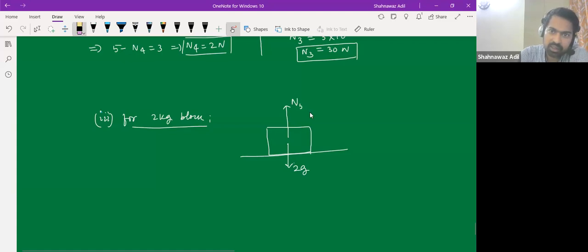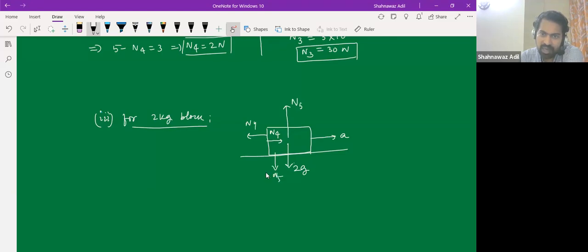And then it has some acceleration in this direction and N4 in this direction. There was another force, N4 and N5, but this was applied by this object. That is why we have not considered this one.